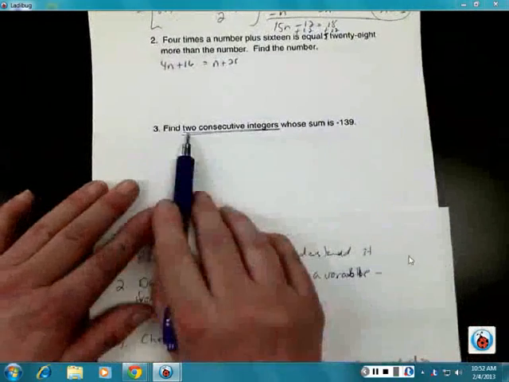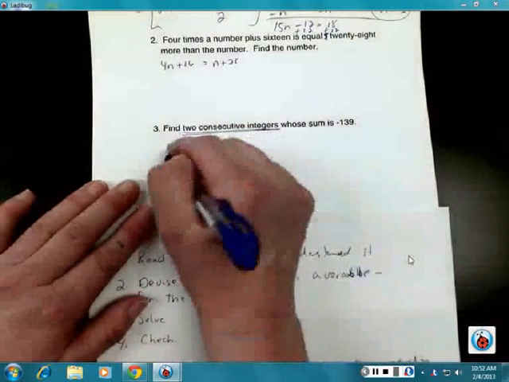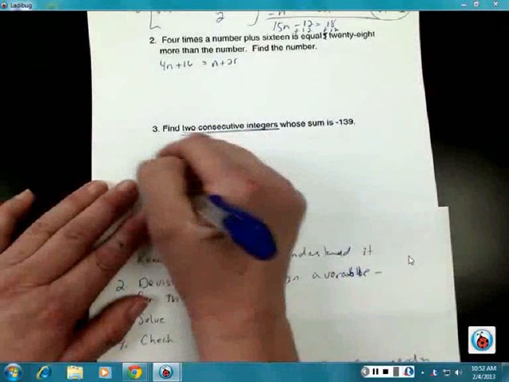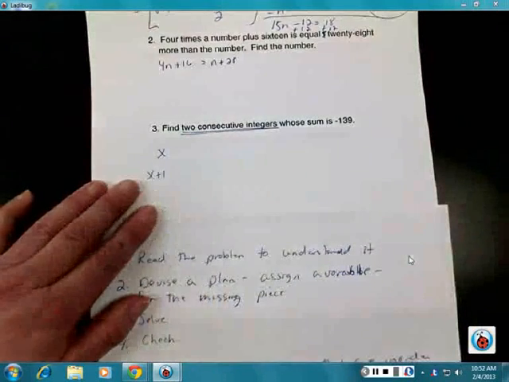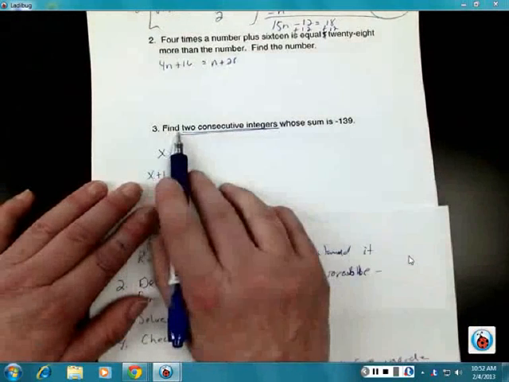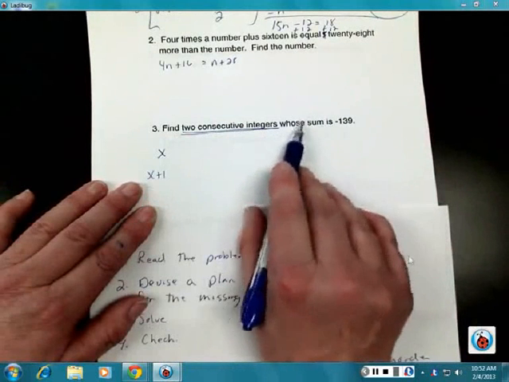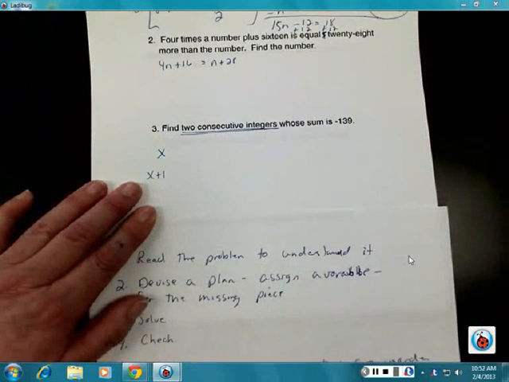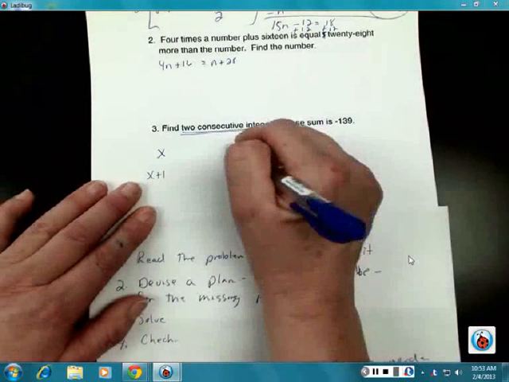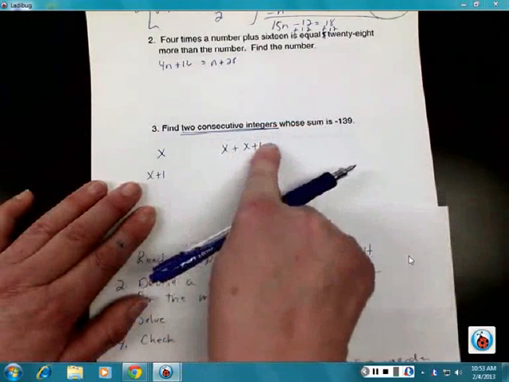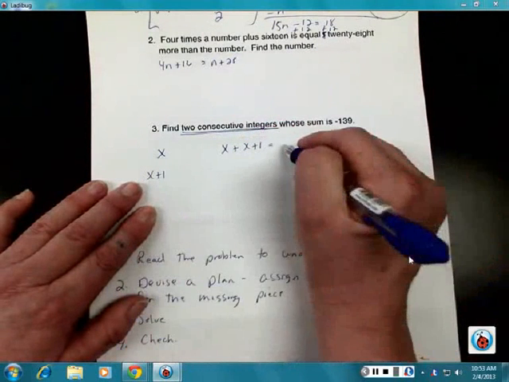Find the 2 consecutive integers whose sum. Sum means I need to do what to them? I've got to add them. x plus x plus 1, the first integer plus the second integer, is equal to negative 139.